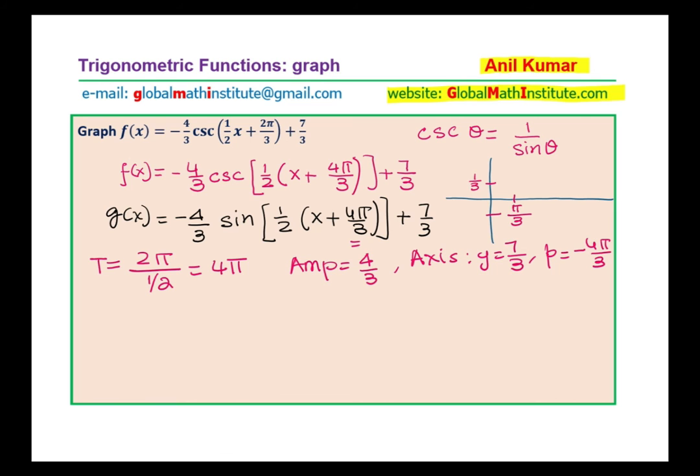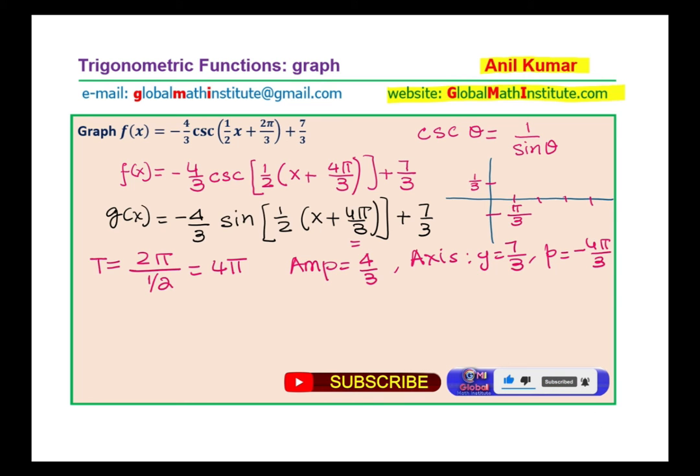So it could be pi by 6 also. I've written pi by 3 here. So 4 pi by 3 means 4 of these, 1, 2, 3, 4, will give you one full cycle without a phase shift. And because the phase shift is 4 pi by 3, that much it will move to the left. So you need a big area to work with. I hope you're getting the point. Once you have pi by 3 as your unit square defined, you can shift left and right by 4 pi by 3.